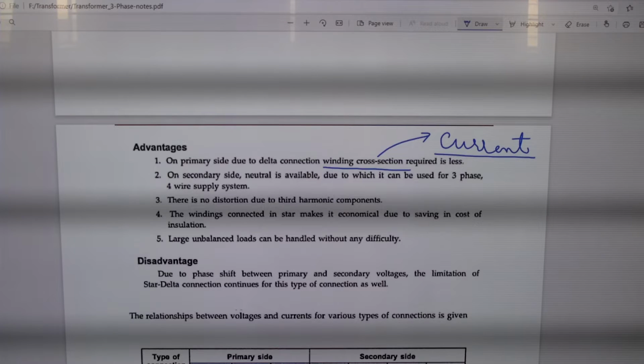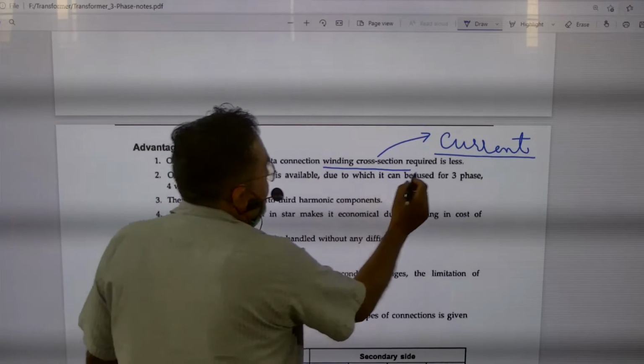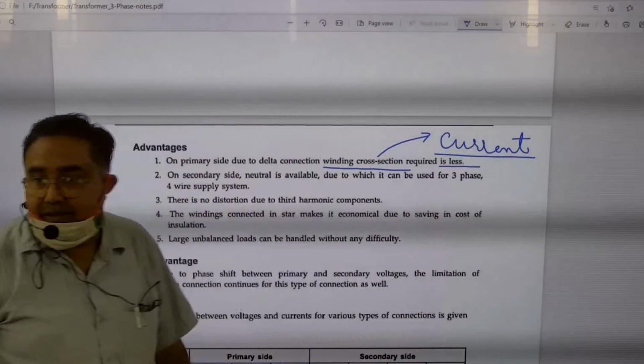So if you compare with the star, the cross section of delta will be less or star? Delta. It will be delta, because there the winding has to handle the phase current, where the line current is equal to the phase current. So the winding cross section area required is less.